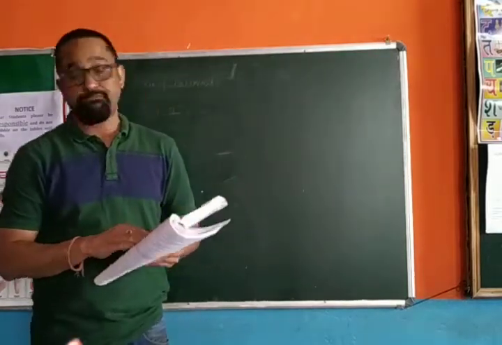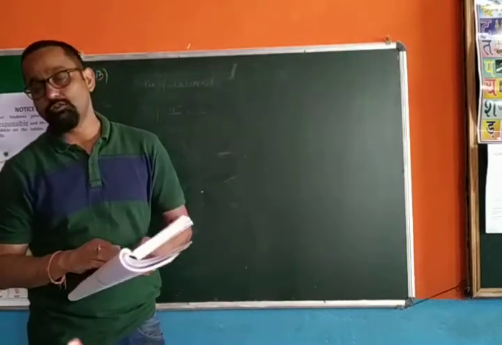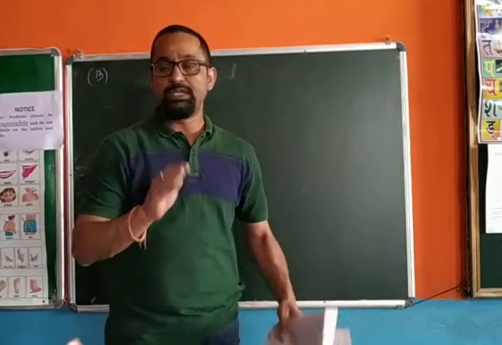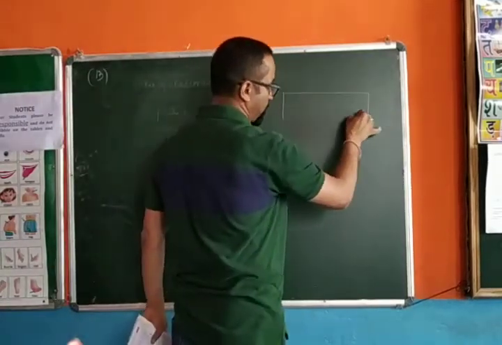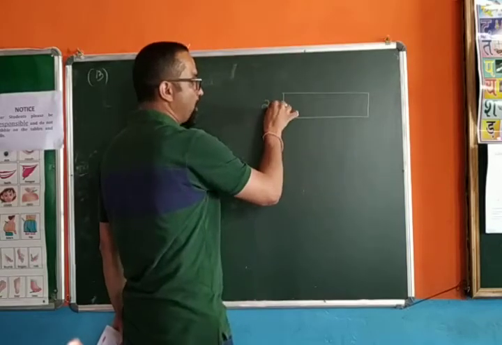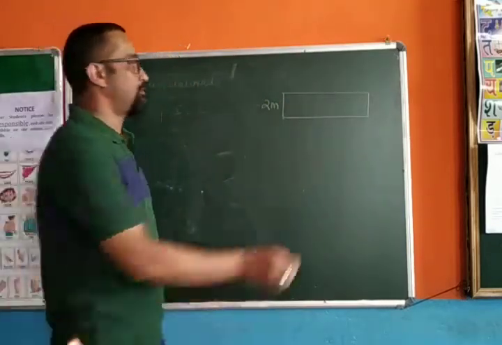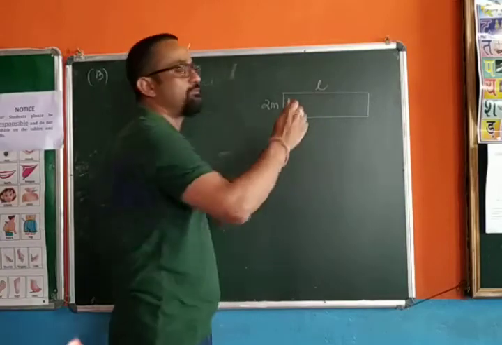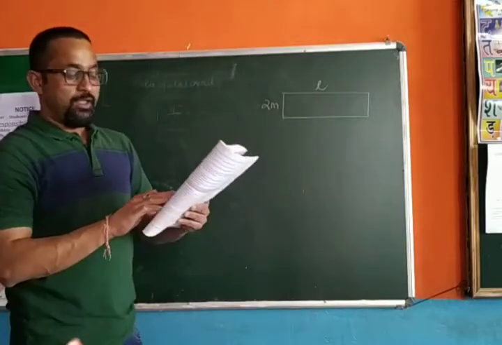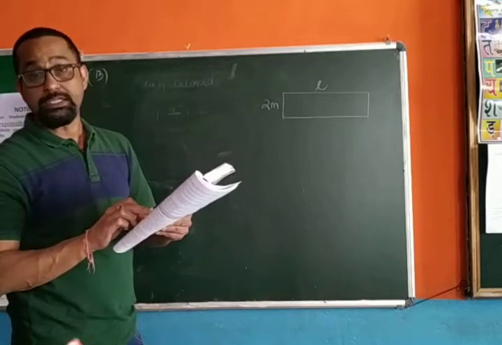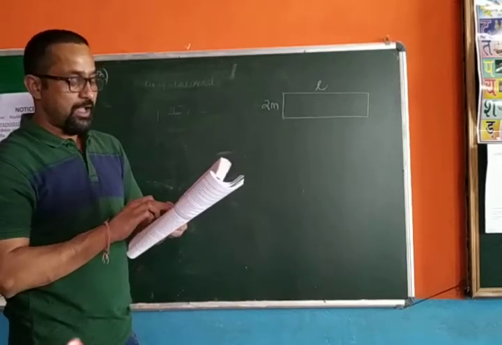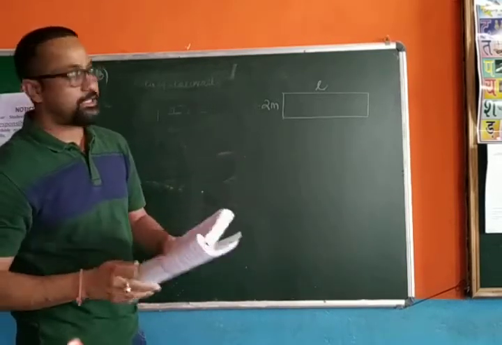Question says: find what length of canvas 2 meter wide you have to find, the length of this canvas used to make a conical tent 20 meter in diameter and 42 meter in slant height.